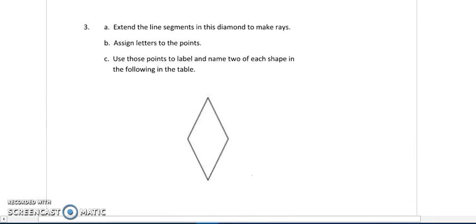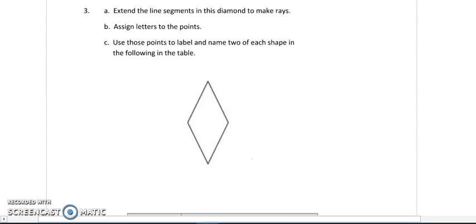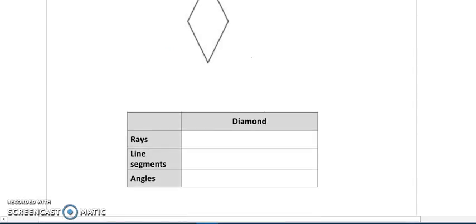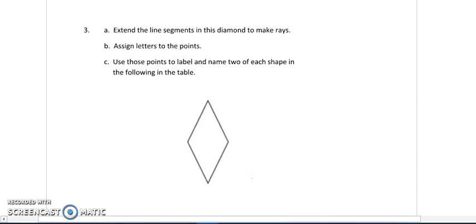Now it says that we're supposed to extend the line segments of this diamond to make rays and assign letters to the points. Use those points to label and name 2 of each shape in the following table. So we're going to need to make rays, line segments, and angles. So let's just start off by making some rays here.